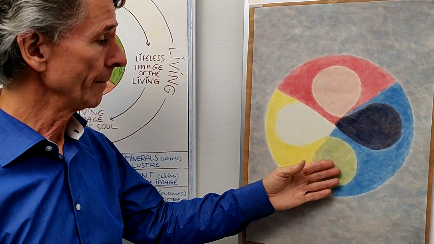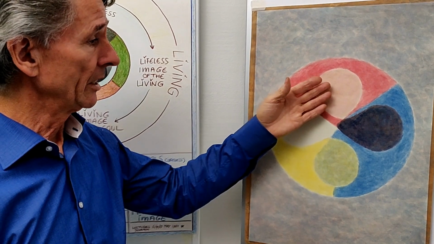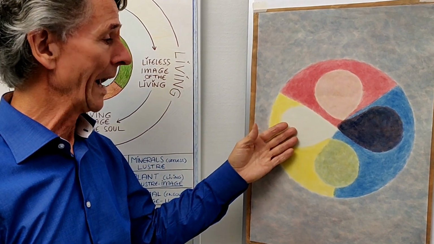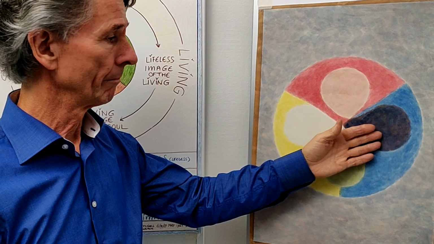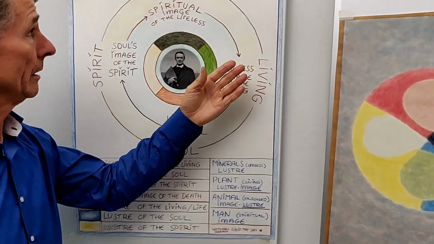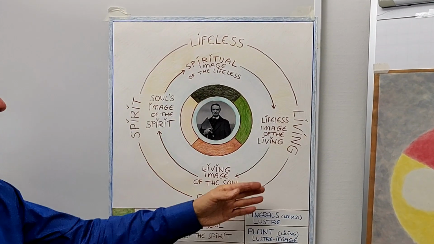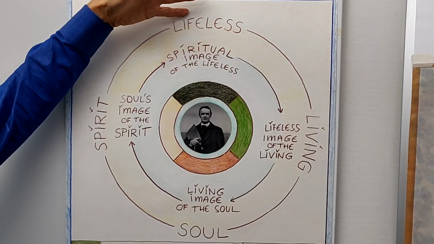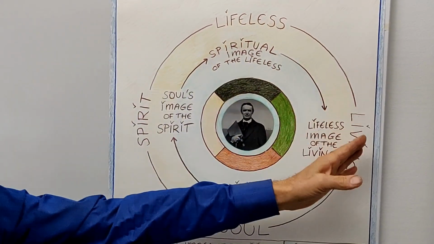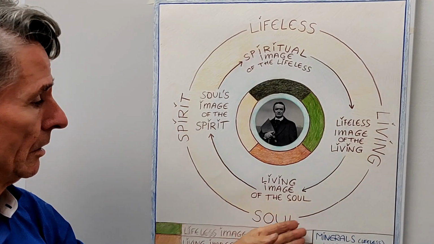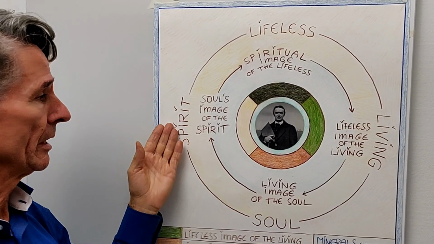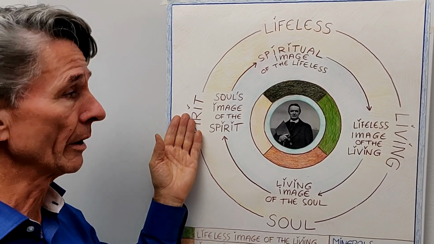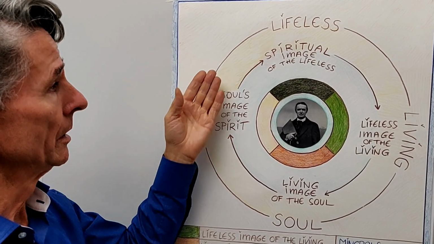And the green, incarnation color, white and black. And then we look here to this schedule about the lifeless, the living life, the soul and the spirit connected with the four image colors.